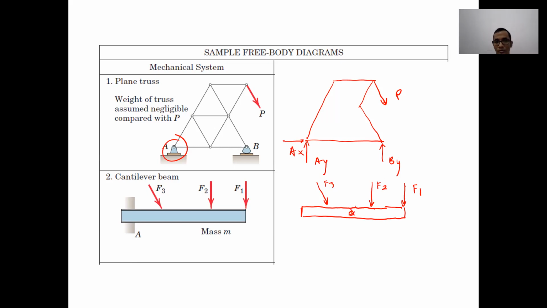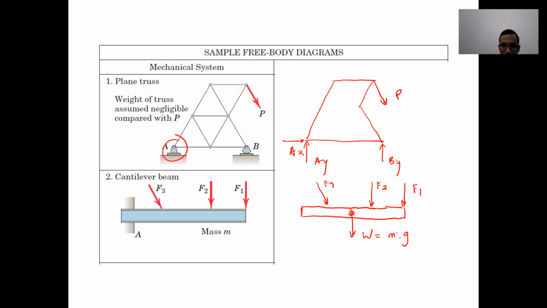When we talk about COG, then we have the weight, which is equal to mass multiplied by gravity. Okay, what else? F3 for x-axis and y-axis, at the F3 point.